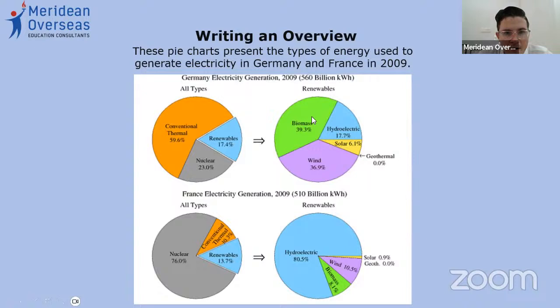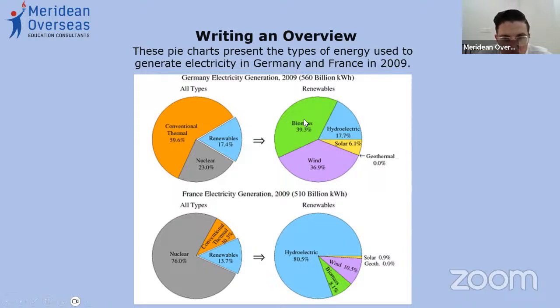So as you can see, for both countries on the left, you've got conventional thermal energy, nuclear energy, and renewables. As you can see, France had lots more nuclear energy, a lot less conventional thermal energy, and a lot more renewables. It does go into more detail then about what types of renewables there were.